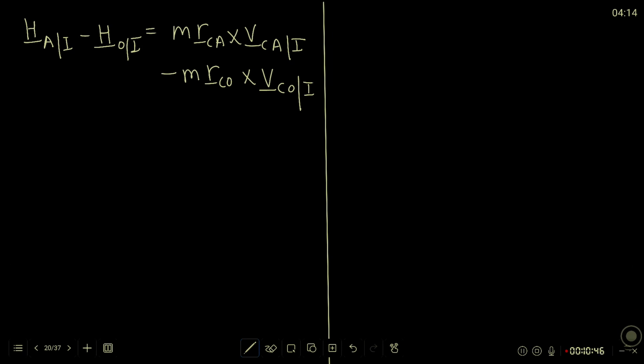Right? Let's call it 3. Now I'm going to take a derivative of this equation with respect to frame I. Before that, let me take HOI on the right hand side.